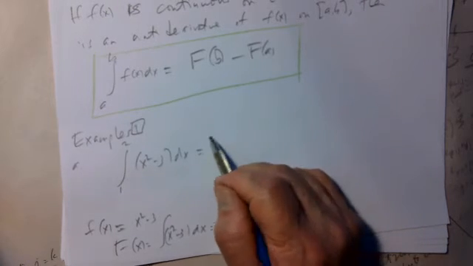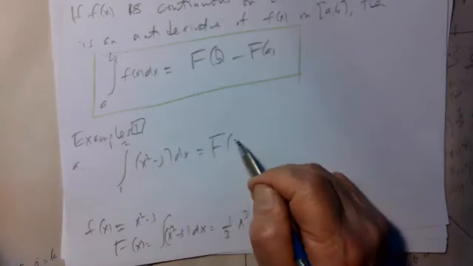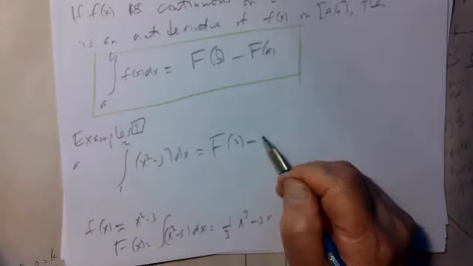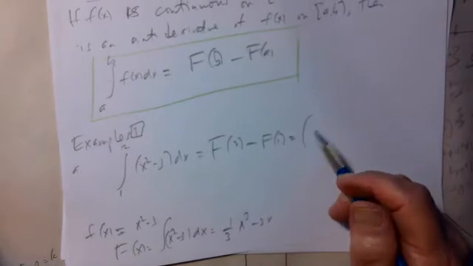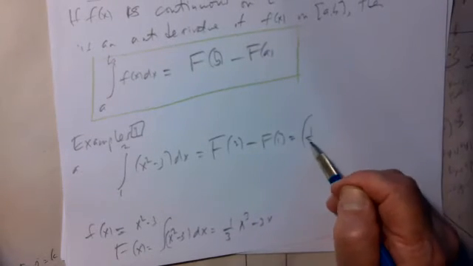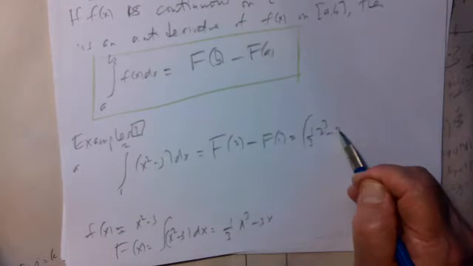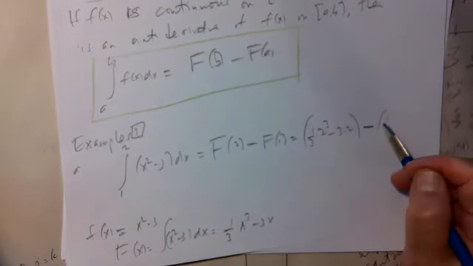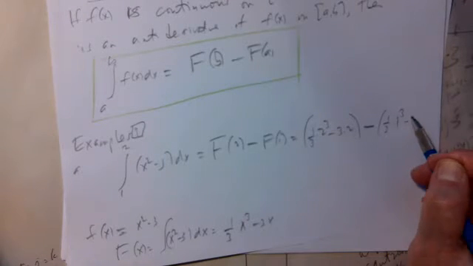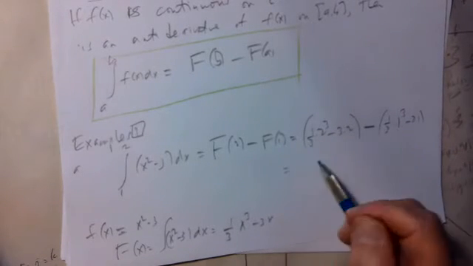And by the fundamental theorem, this is capital F at 2 minus capital F evaluated at 1. When x is equal to 2, this is 1/3 times 2 cubed minus 3 times 2. When x is equal to 1, this is 1/3 times 1 cubed minus 3 times 1.